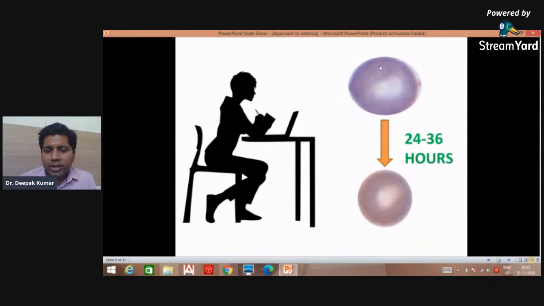So this one is a reticulocyte and this is a red blood cell. The duration here is 24 to 36 hours. That is the time the reticulocyte will spend in circulation, after which it will transform into a red blood cell. So what happens during these 24 to 36 hours? It slowly loses the retained chromatin material, and then it becomes a complete red blood cell, after which its lifespan of 120 days begins.